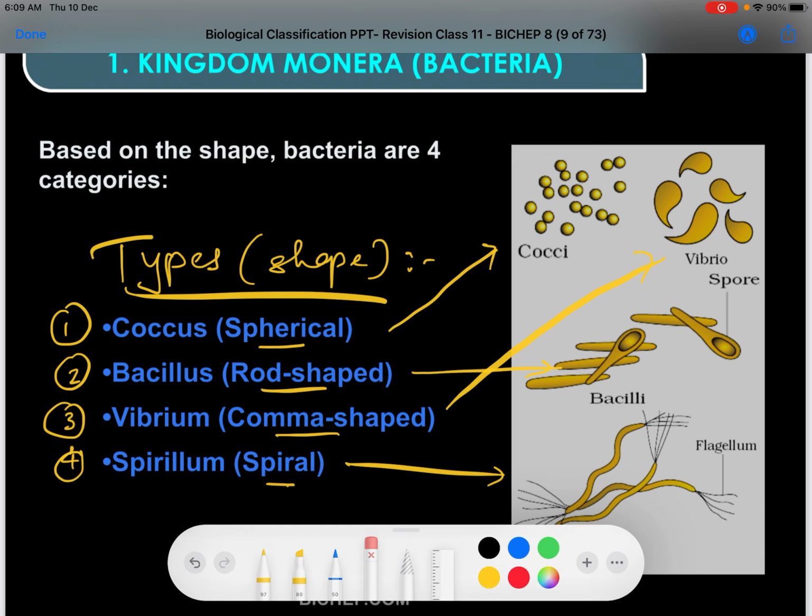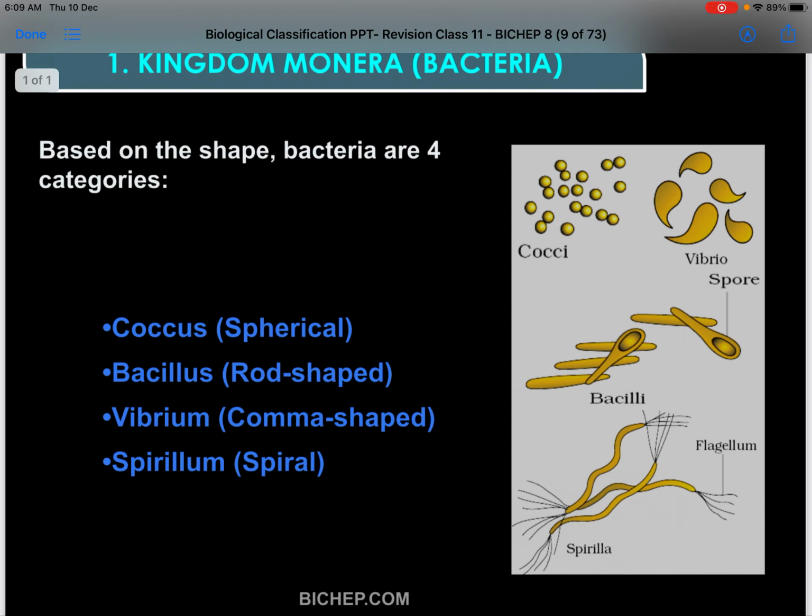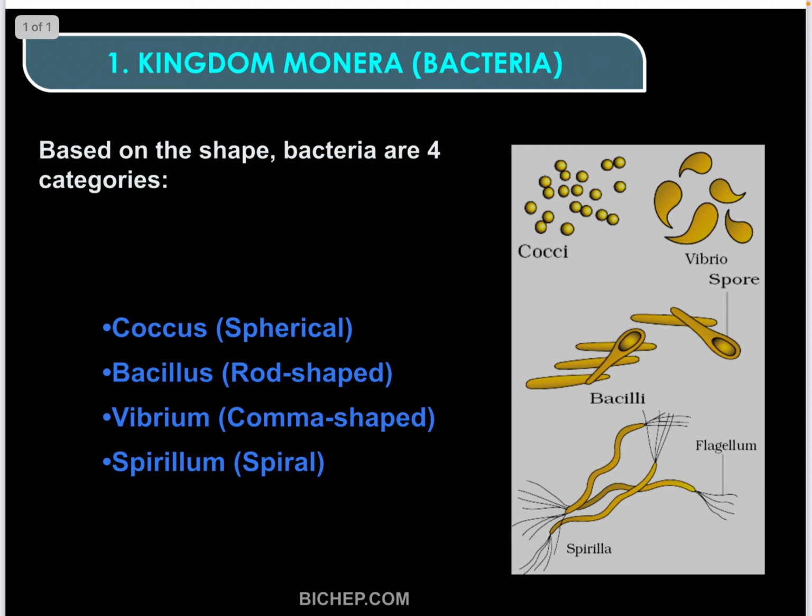So these are 4 various types of bacteria based on shape: bacillus, coccus, vibrio and spirillum. These are the 4 types of bacteria found around us. Please take the screenshot.